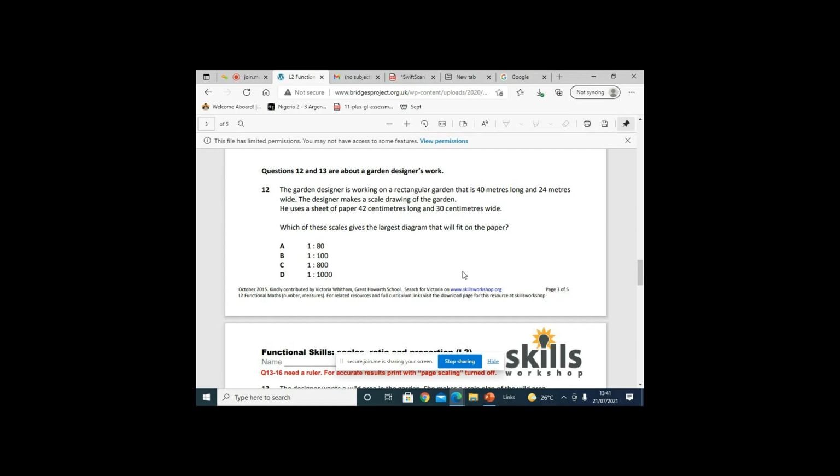You want to draw 4,000 centimeters. So if you look at the first one, 1 to 80, will it fit in? You divide 4,000 by 80.